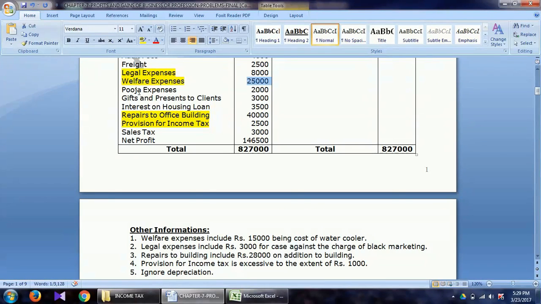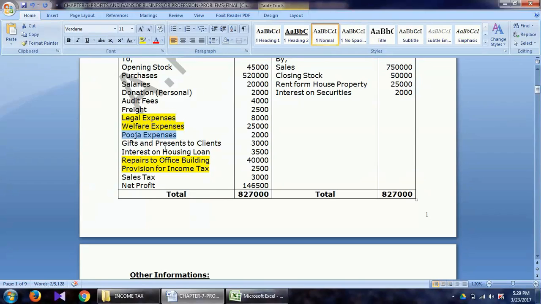Again, puja expenses. If these expenses are incurred at the place of business premises, then these expenses will be allowed as a deduction. If it is specifically given in the problem that puja expenses are incurred at some other place or at the personal premises of the assessee, then those expenses shall not be allowed as deduction.